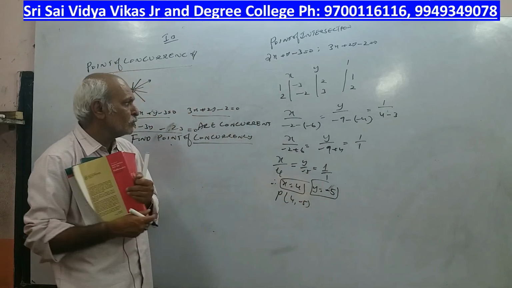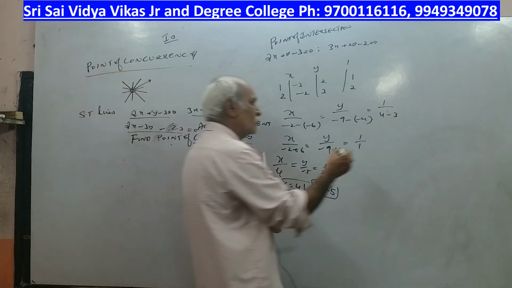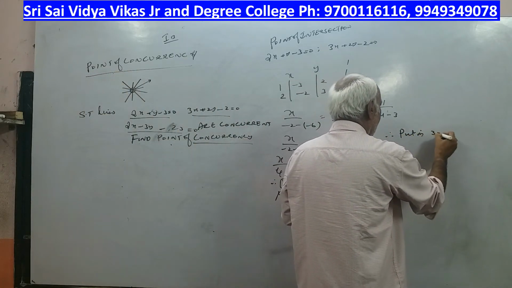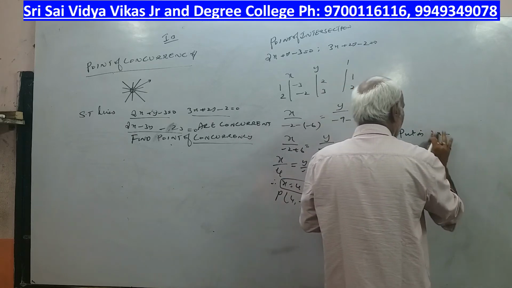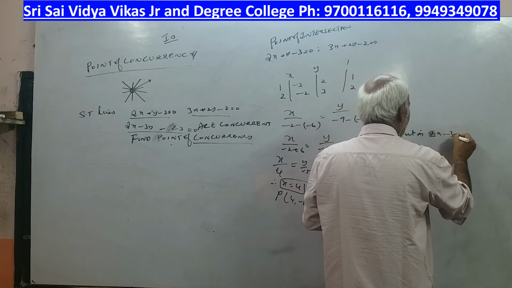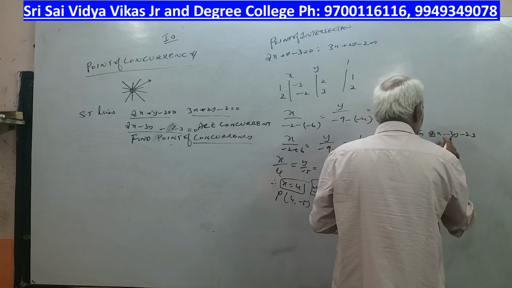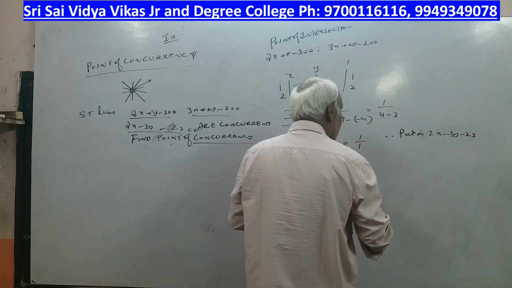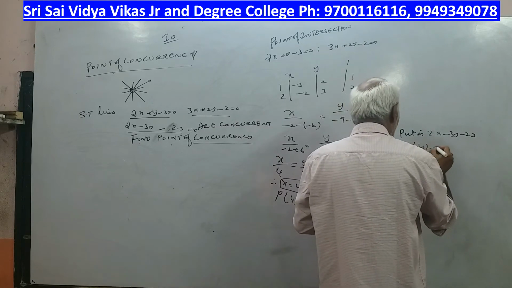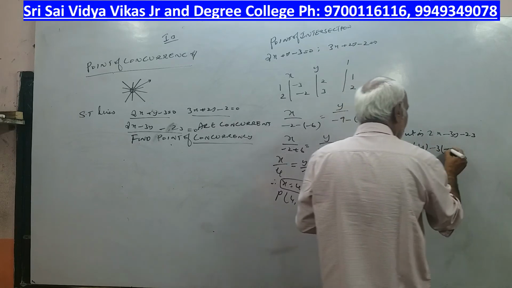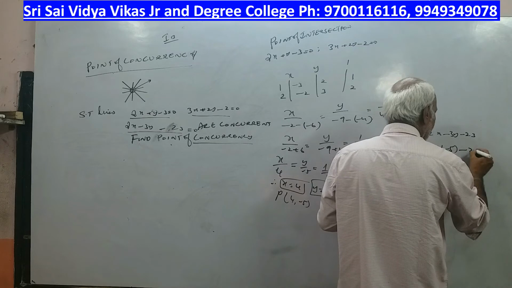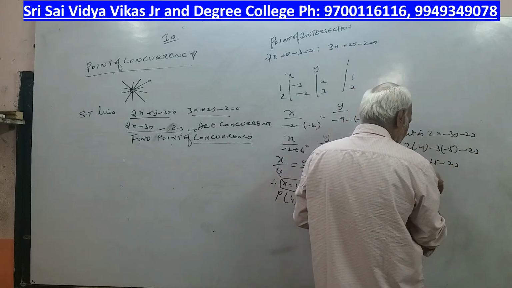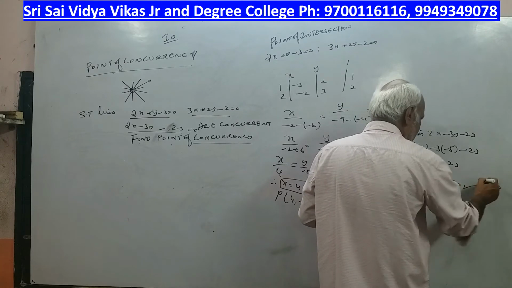Now, he is asking to prove this concurrent. Therefore, put in 2x minus 3y minus 23. So, x is replaced by what, sir? 4. 2 into 4 minus 3 into minus 5 minus 23. So, this is 8 plus 15 minus 23. 23 minus 23 is 0.